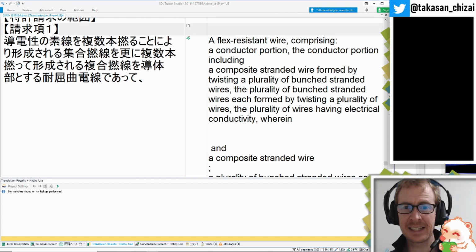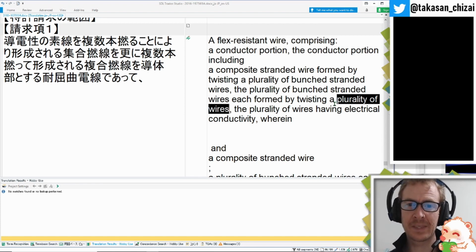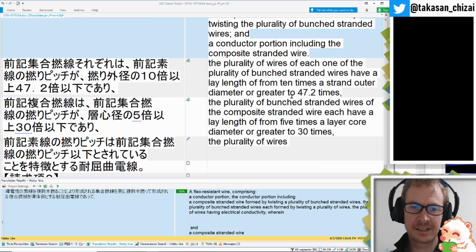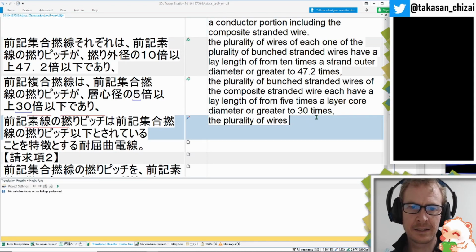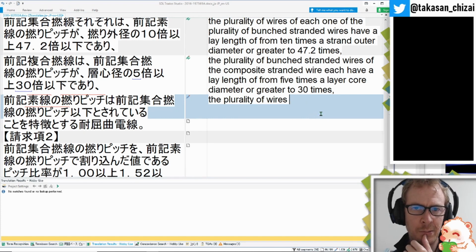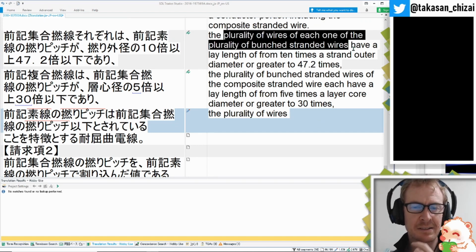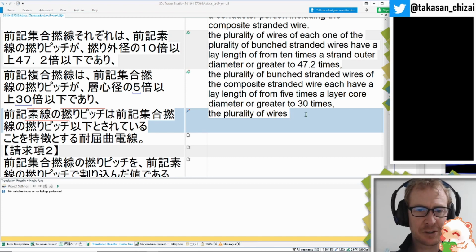So in each instance that this plurality of wires has been used, we've been talking about a single bunch-stranded wire, each, and then each. So I think it's fine to say each here. Plurality of wires. No, I don't think we need to say each because it's been used for one bunch-stranded wire. So here we don't need to say each because it's already being used in that specific instance of one bunch-stranded wire.